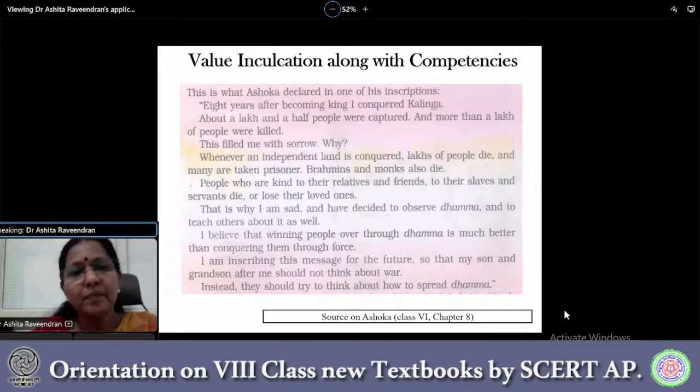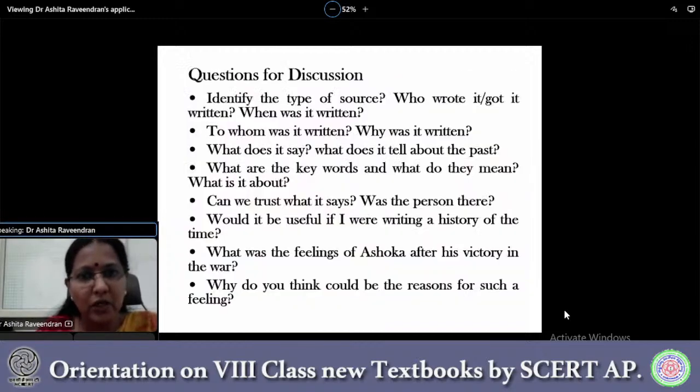Now, if you look at Ashoka's inscription, which Ashoka wrote after the Kalinga War, here he is speaking about how he felt when his own relatives, friends, slaves, servants, everybody is dead. After winning, why is the ruler feeling so? There are many questions which can be asked pertaining to that.